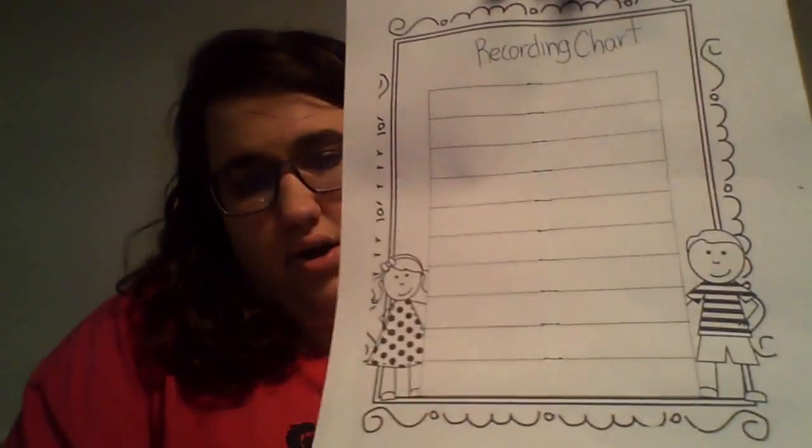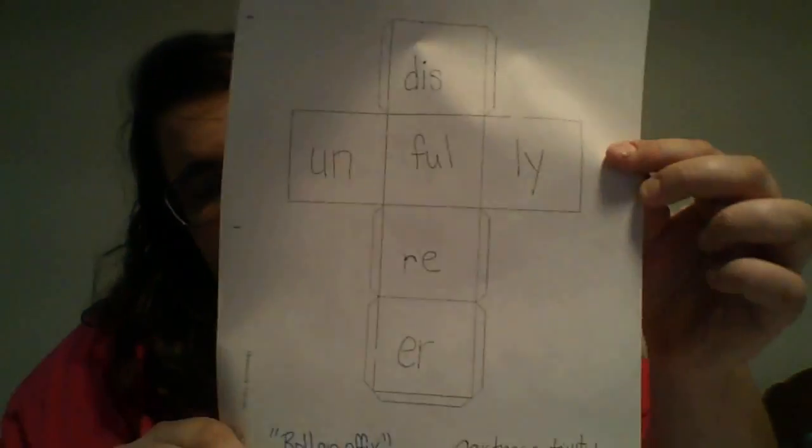The next thing we would do is play this activity called Roll an Affix game. What it is, I've created a little chart, just a basic recording chart, and then I have gotten a die printout like this, and you would have the cubes already made for the kids, just because as I've learned as I was making this, it was kind of difficult to put all these cubes together, so it's best to have those prepared before the students get in.